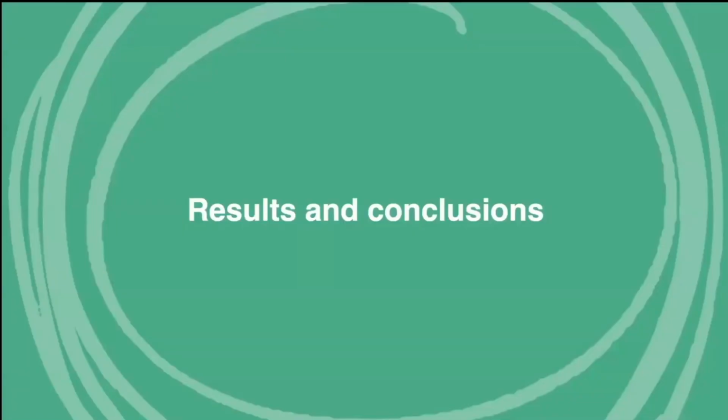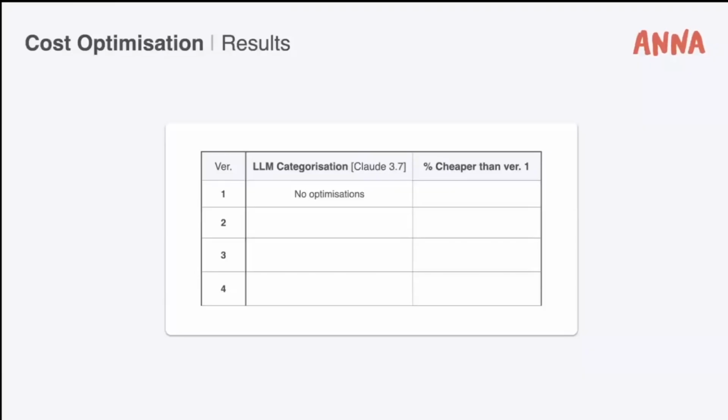So, results and conclusions. We applied some of these strategies to the AI categorization use case and reviewed the results. So, 3.7 now. The first version is the version without optimization, and by applying offline predictions, monthly costs expectedly decreased by 50%, which is fixed, and we understand that this is very straightforward.